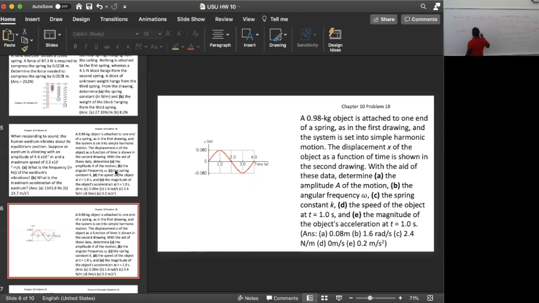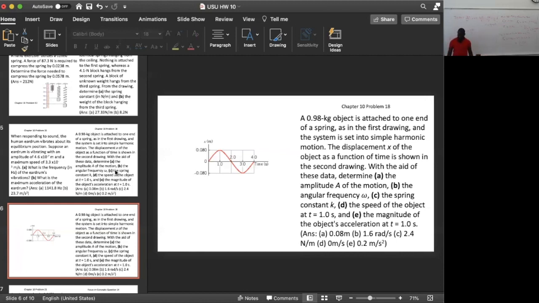That's pi over 2. So that's 3.142 divided by 2 for omega. 1.57, 1.6 radians per second. Correct. So omega is just 1.6 radians per second. That's the correct answer for B.